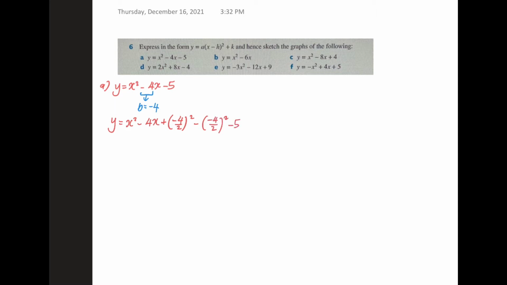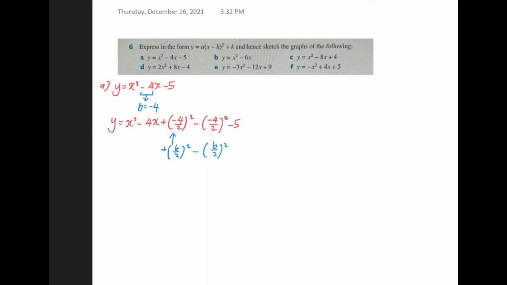Then minus 5. So you can see I plus b over 2 squared, then I minus b over 2 squared. So I have plus and minus of b over 2 squared.